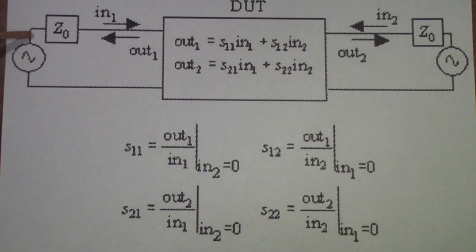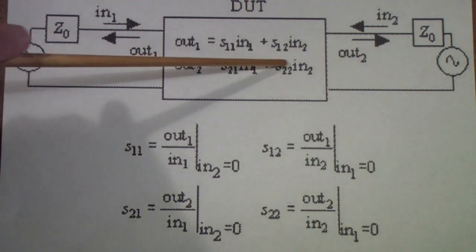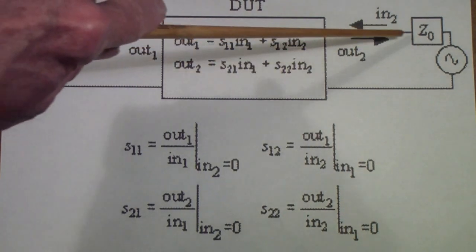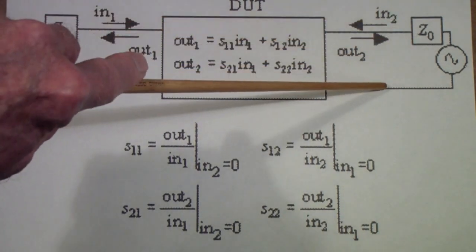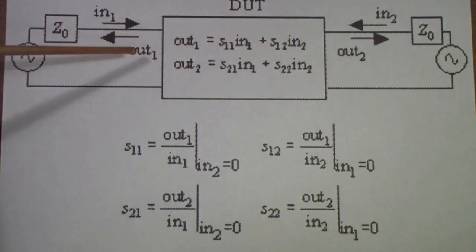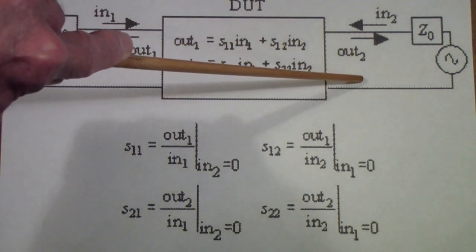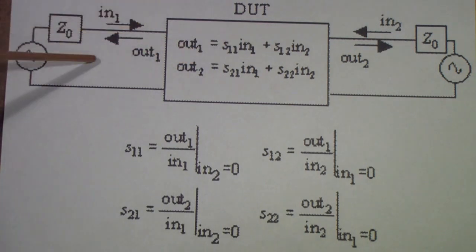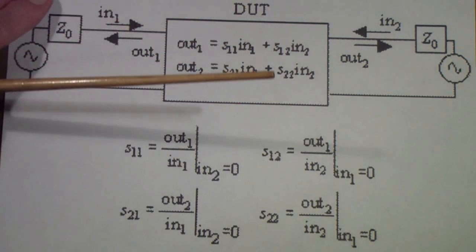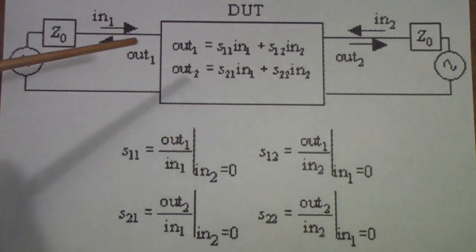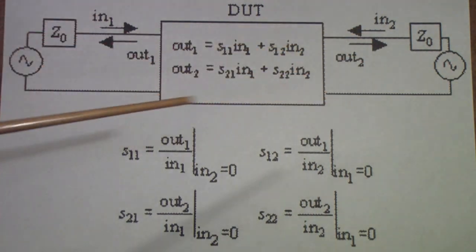We want to generate a wideband spectrum that passes through the device under test, and then we want to measure using a spectrum analyzer on this side how much of that signal comes through on the other side and at what amplitude. In other words, if this is an amplifier, then we want to know how much does it amplify at each frequency.